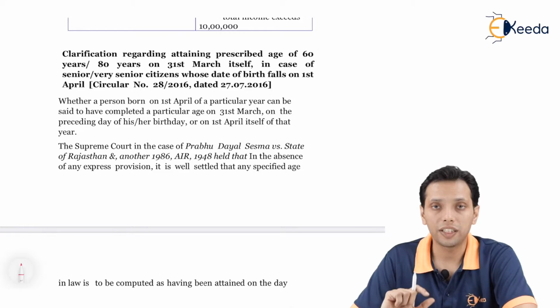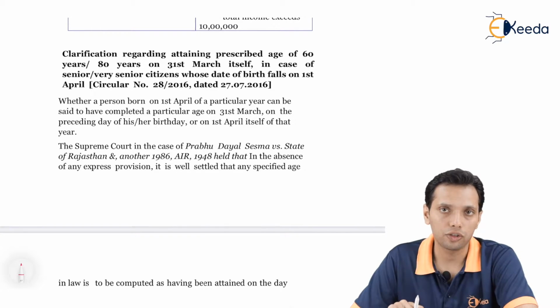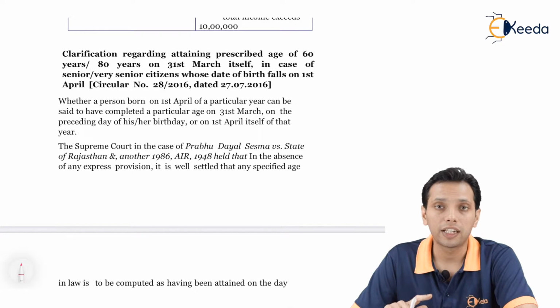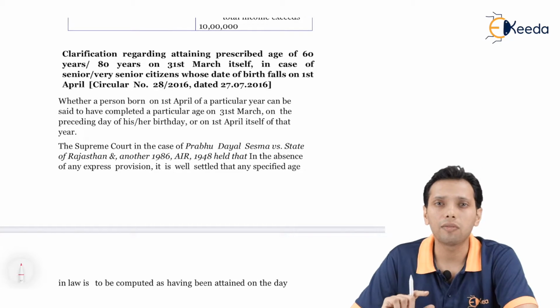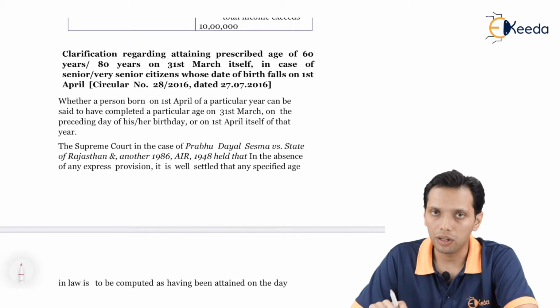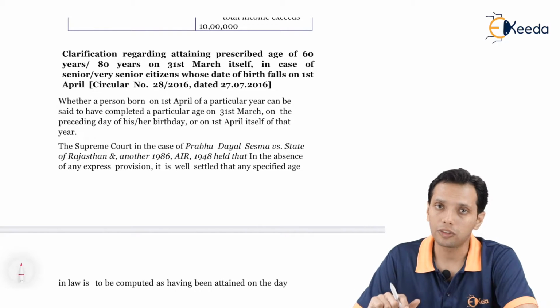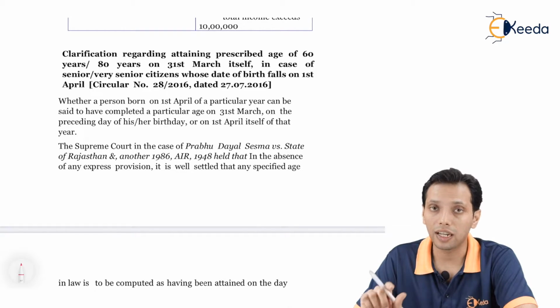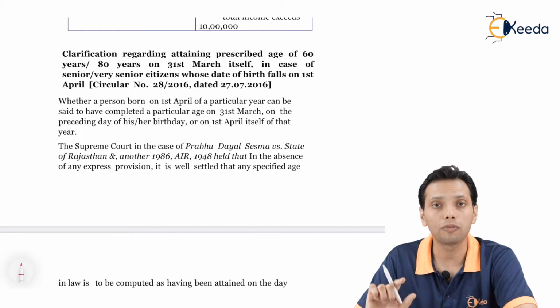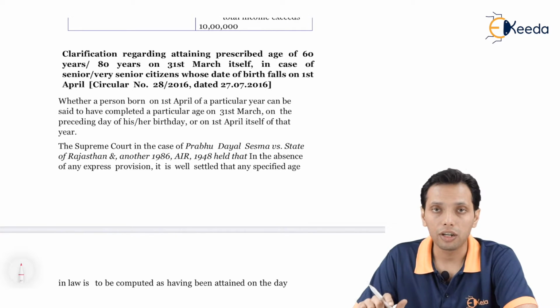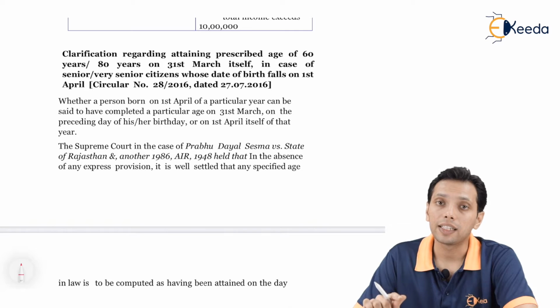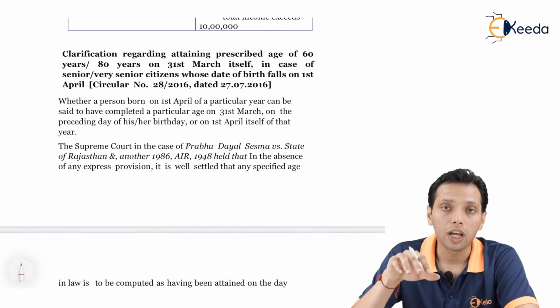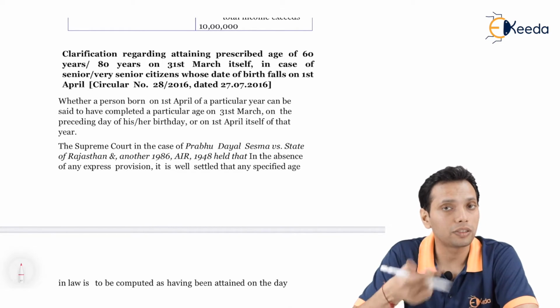Now, in the case of senior citizens and super senior citizens, there is a clarification issued by a CBDT circular. If the date of birth of a senior citizen or super senior citizen is 1st of April of the relevant year, it will be treated as if they attained the age on 31st March of the preceding year.